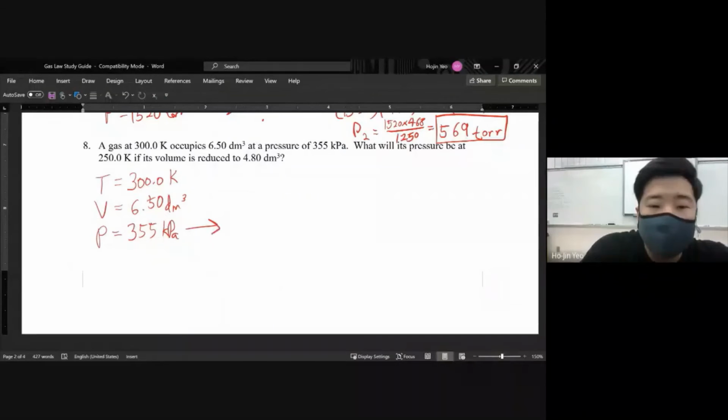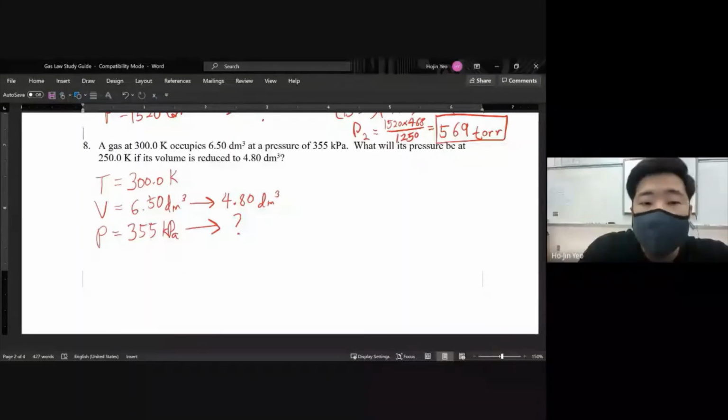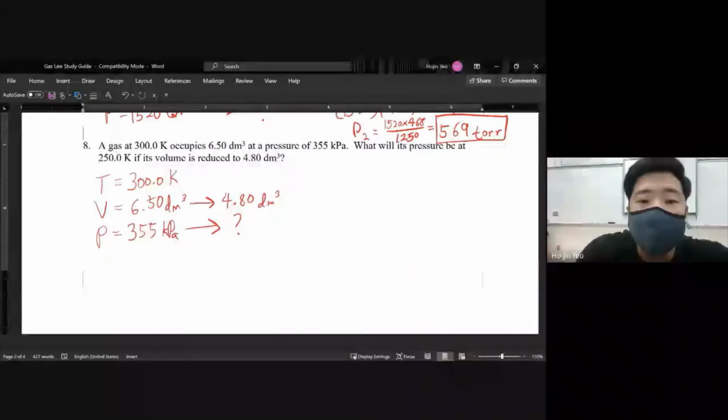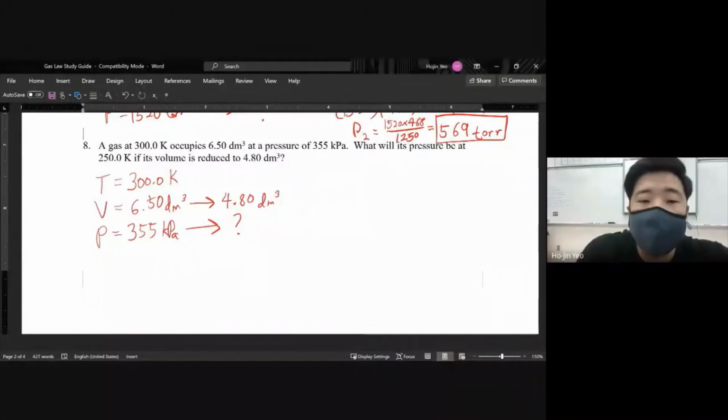Now, what is the pressure if its volume is reduced to 4.80 dm3? Now, in this case, it didn't mention temperature for our second part. So that basically means we're just going to leave it as it is. So it's probably going to stay constant.